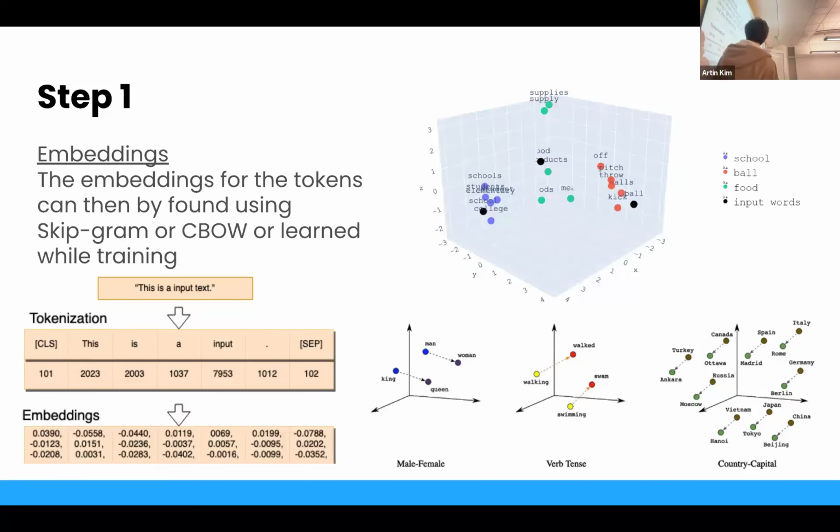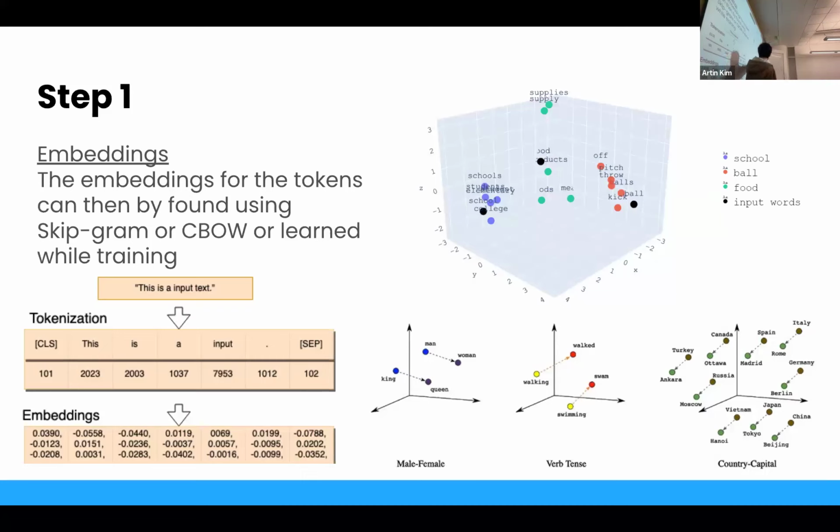Step 2 is turning those IDs into actual vectors. And you want those numbers or vectors to have semantic meaning. This is what's called embeddings. What we try to do is have the vector space encode semantic meaning.